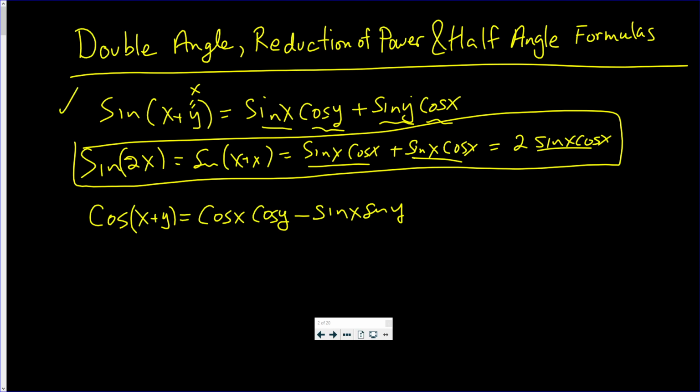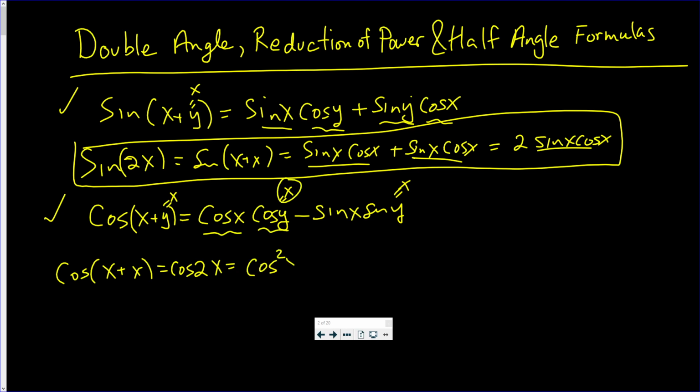Now, if we let y be x, then we'll have the cosine of x plus x, which is the cosine of 2x. So you have cosine x times cosine x. That's cosine squared x minus sine x times sine x. That's sine squared x. That is one way of writing the cosine of 2x.